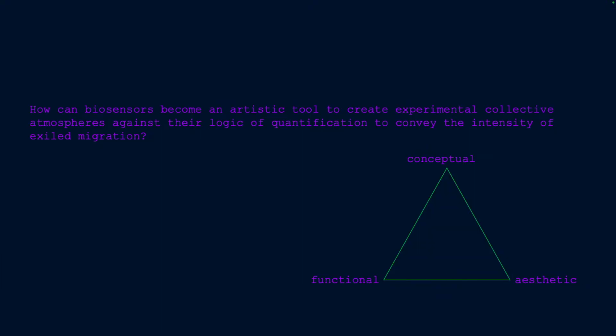So here's the research question that I had working within this project. In essence, I was asking what happens if you take the technological not for what it stands for, but for what it doesn't deliver. So looking at its generative possibilities and its failure, and putting it against the thematic of migration.